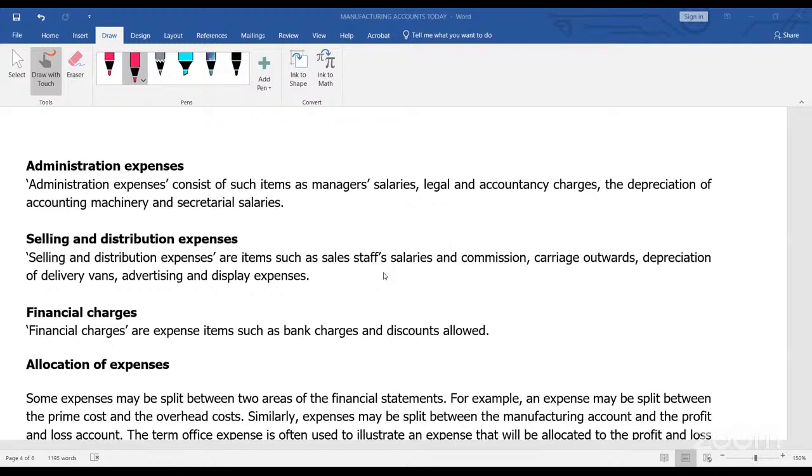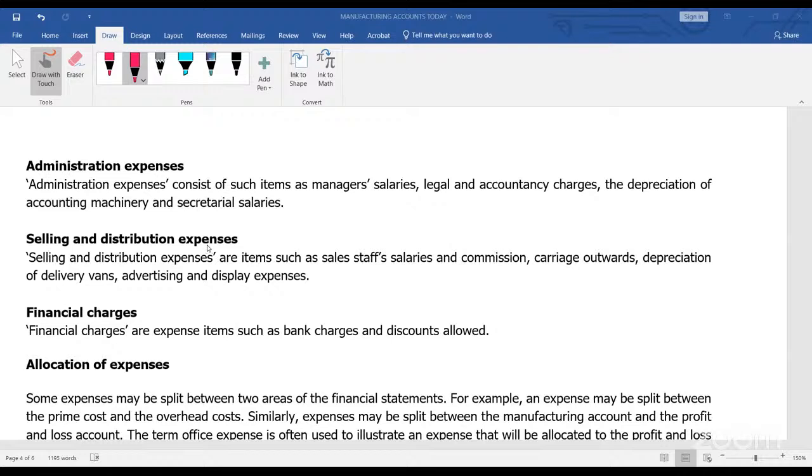So all those are office and administration overhead. Now, these office and administration overheads, you don't take them to the manufacturing account. Those will be taken to the statement of profit or loss. So always look at the overhead. If it is selling and distribution, if it is office and admin, then we don't take it to the manufacturing account. We take it to the statement of profit or loss.